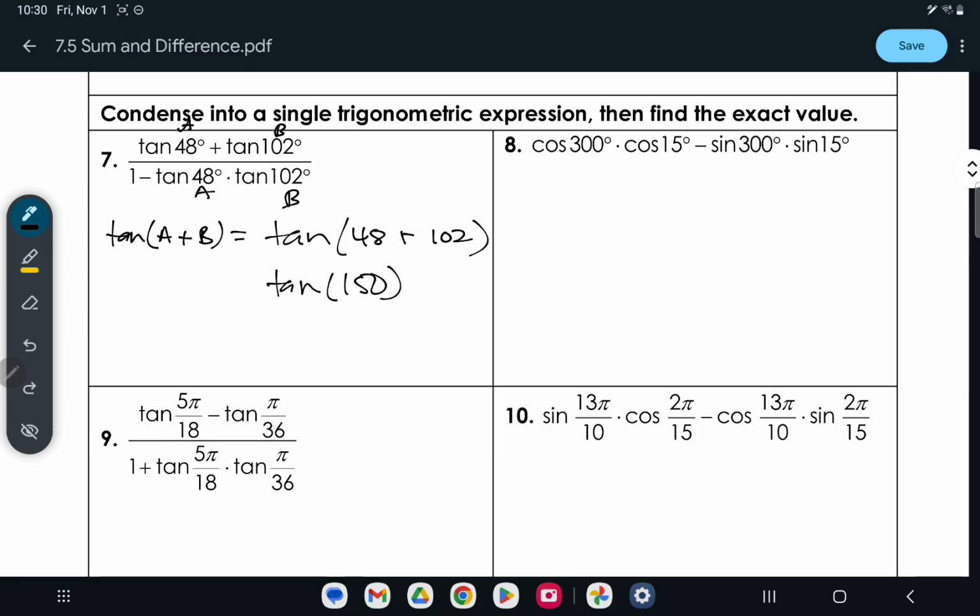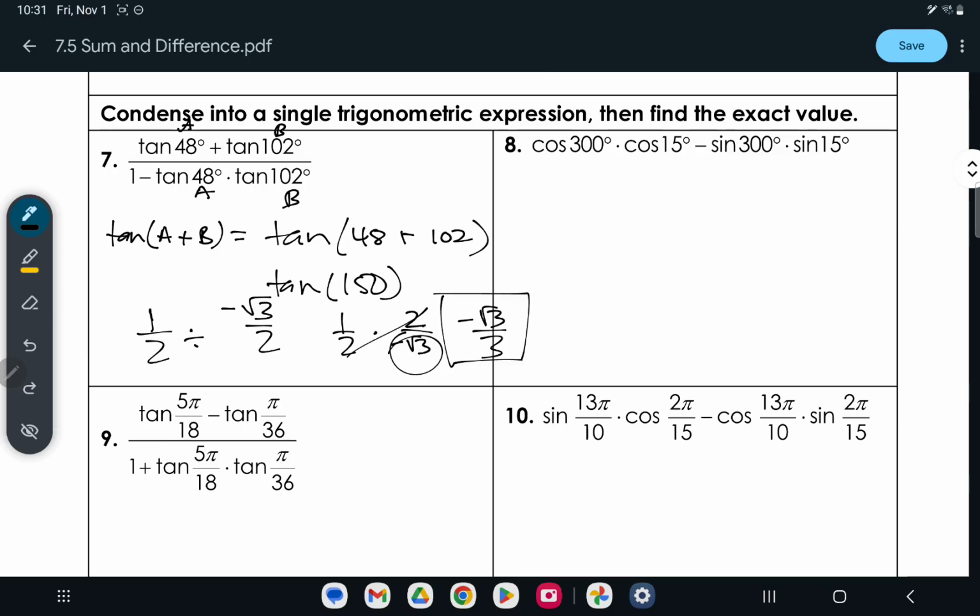So tangent 150 is 1 over 2 divided by negative root 3 over 2, which is really 1/2 times 2 over the negative root 3. Those will cancel, so negative root 3 over 3 because I rationalized the denominator.